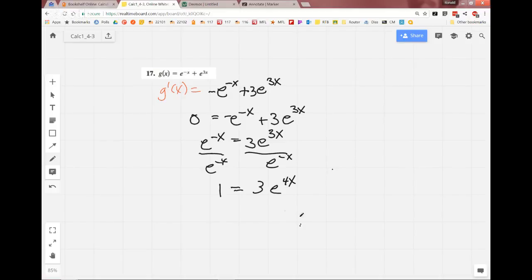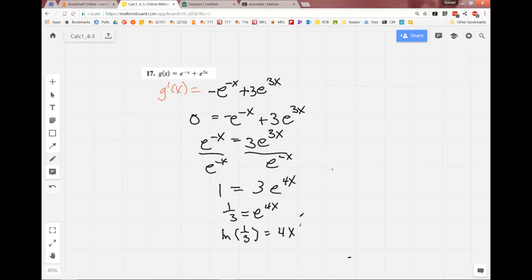All right. So now I'll divide both sides by 3. And now we want to get that exponent out of there, so we're going to take a natural log. The natural log of 1/3, and the natural log of the right side is just the exponent 4x. Okay?